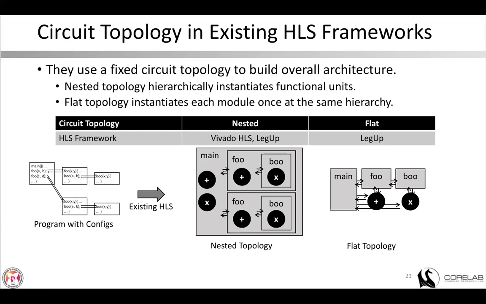So nested topology consumes a lot of area because it is highly likely to generate redundant resources. On the other hand, flat generates only one resource, but if the sharing cost for this resource is large, then we cannot ignore the sharing cost.